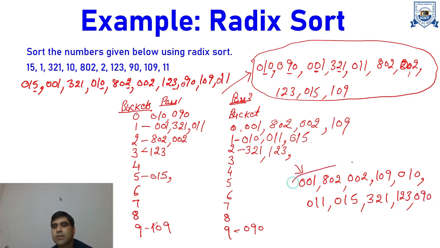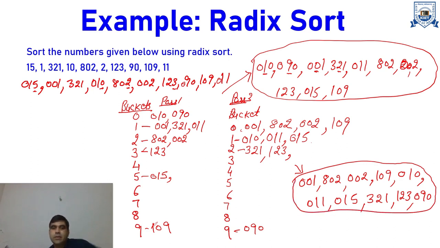Okay, after the second pass this is the sequence. When we collect these keys from the buckets, we always go from leftmost to rightmost. So first is 001, then 802, and so on.